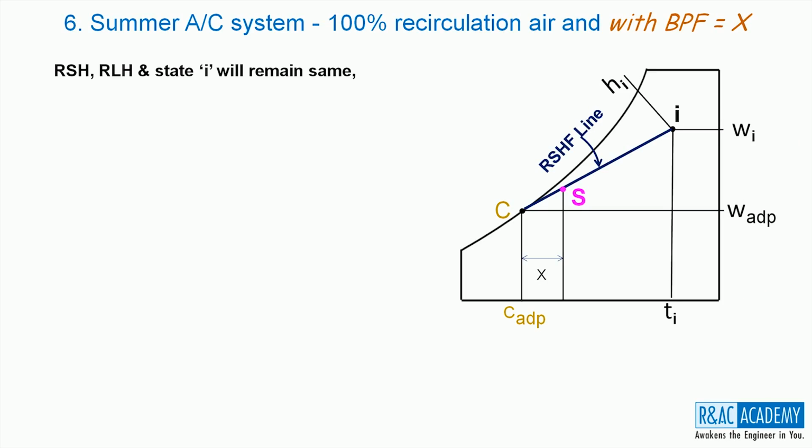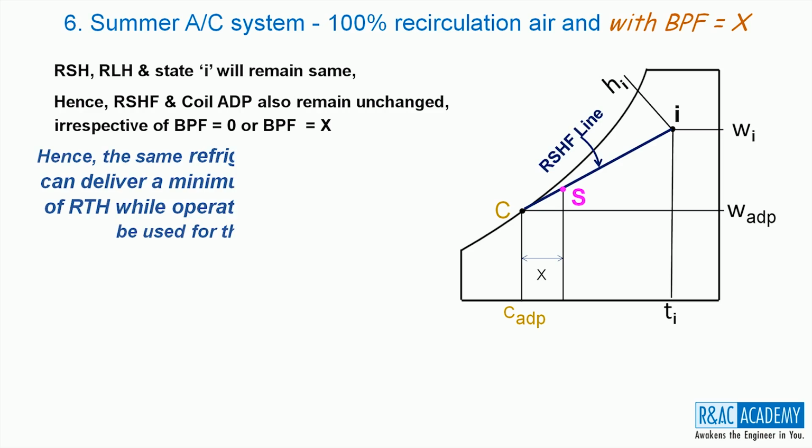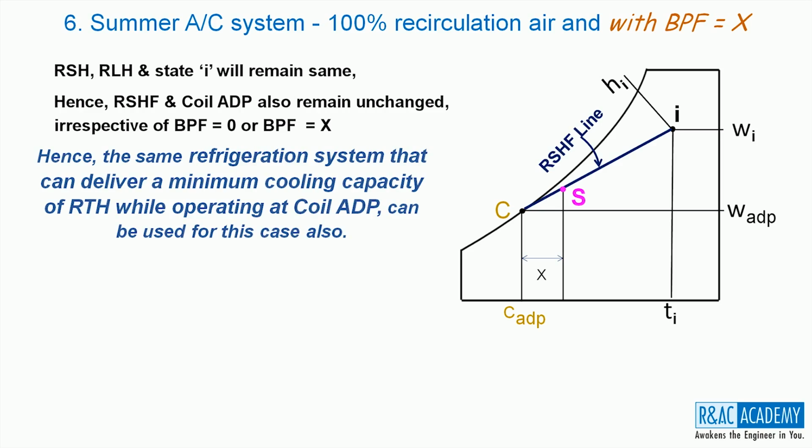The RSH, RLH and state I will remain the same. Hence, the RSHF and coil ADP also remain unchanged irrespective of whether bypass factor is equal to 0 or bypass factor is equal to X. Hence, the refrigeration system that was selected in the previous case can be used for this case also. No need to change it.